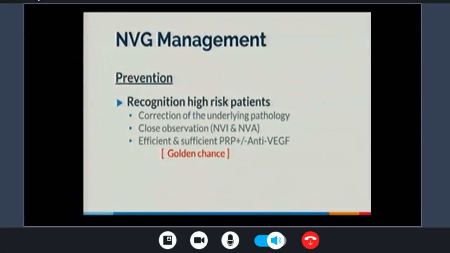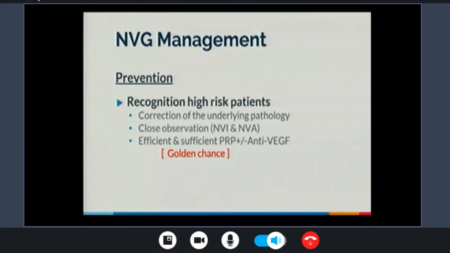I'm sure sometimes we miss NVI because we are examining quickly. But if we bring this patient for this purpose, to look for the NVI, and we know where the NVI forms, near the pupillary margin and in the angle, I'm sure we can detect them before he goes to the next stage. With close observation, and once there is NVI, NVA or new vessels on the retina, definitely not a massage, but efficient and sufficient PRP.